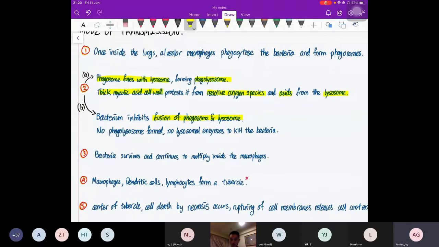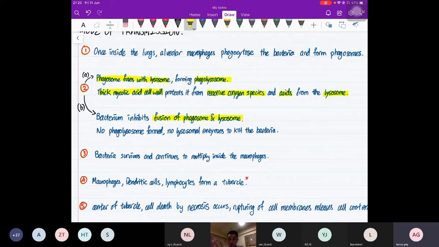The bacteria goes into your lungs. Your macrophages phagocytose your bacteria, forms your phagosomes. Two scenarios can happen. First scenario, phagosome fuses with your lysosome, but because your bacteria has a thick mycolic acid cell wall, it protects the bacteria from the reactive oxygen species and acids.